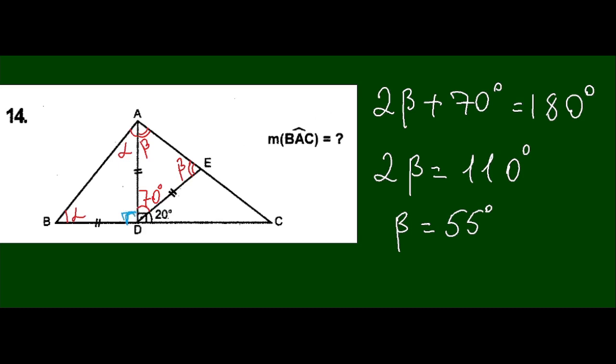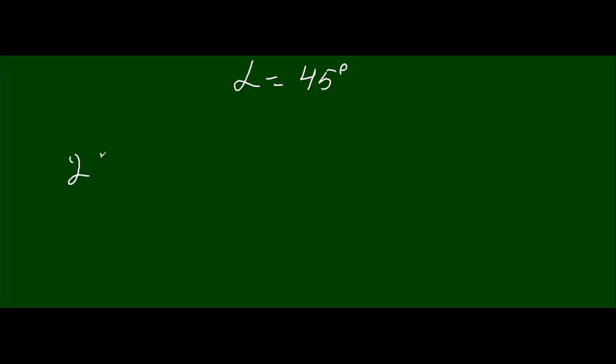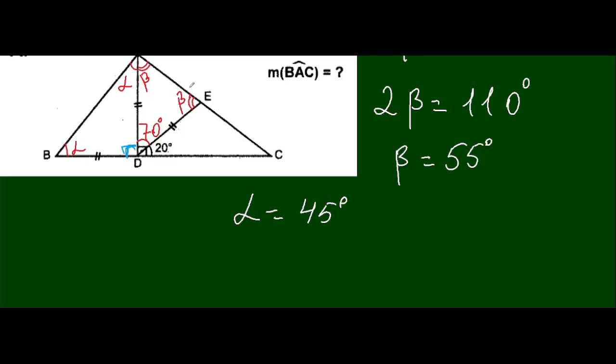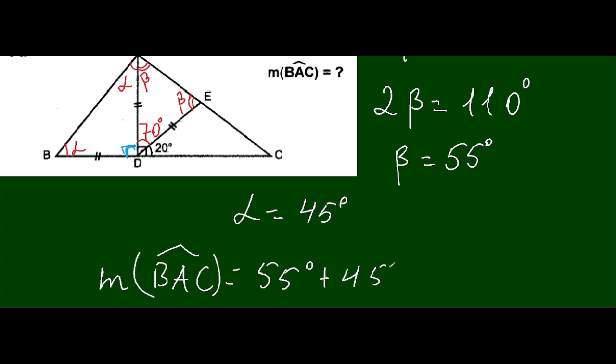So alpha is equal to 45 degrees, because 2 alpha will give us 90 degrees. See? Okay. Here we can find out BAC, and it's equal to 55 degrees plus 45 degrees, which will get 100 degrees.